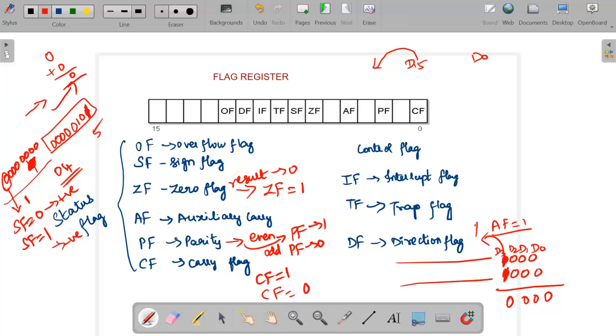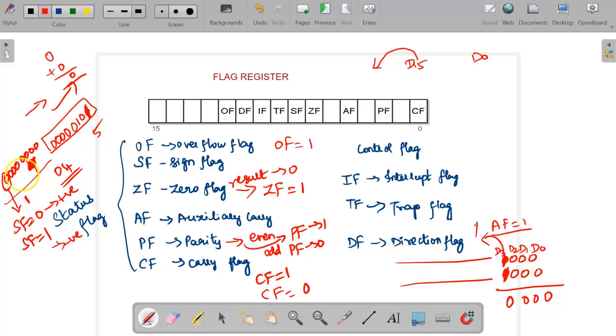And then if you are doing some addition or multiplication operation, whatever it may be, and the result is out of range, that is, you cannot store that data within the 16 bits, then the overflow flag will be set to 1.